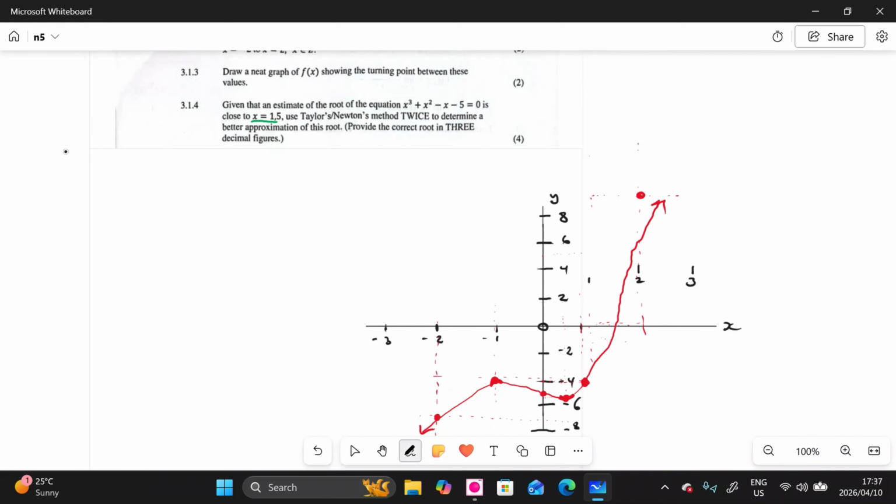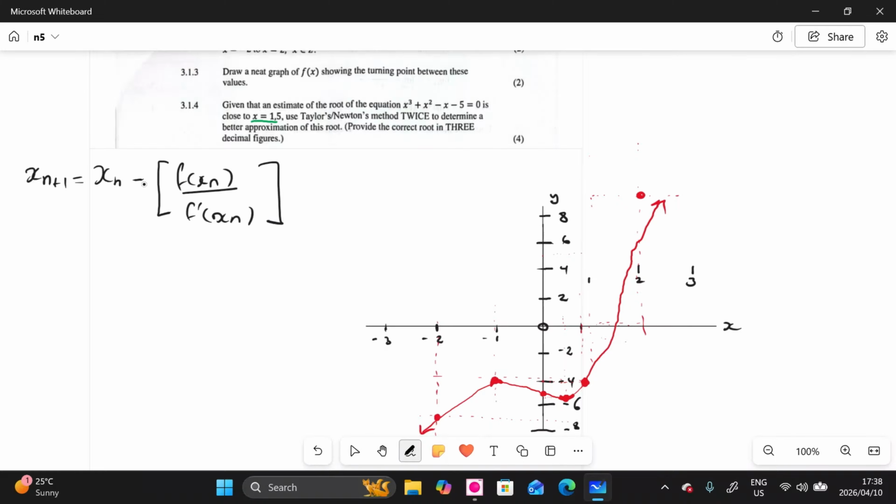Right. So I'm going to do it here on the left. For Taylor's method or Newton's method, we have a formula. The formula goes like this. We have x n plus 1 is equal to x n minus, open bracket, f of x n divided by f prime of x n, close bracket.